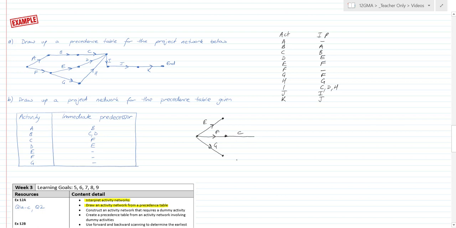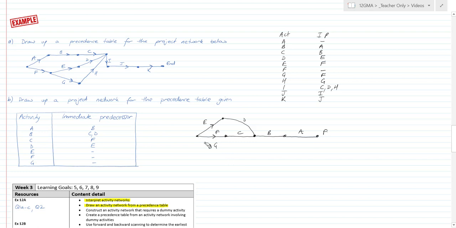C requires F, and D requires E, and then that flows into B. So there's B, which required C and D, and A required B, and there's my finish. But of course G requires nothing and nothing requires G, so I'm not going to finish G there.